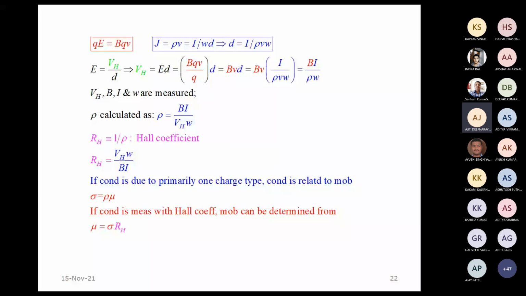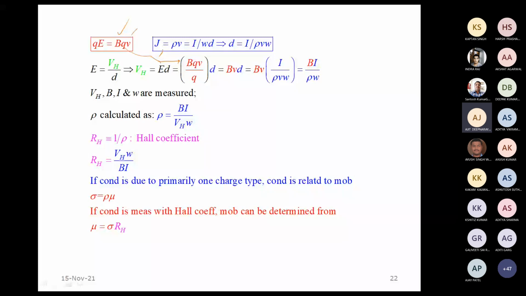The electric force and the magnetic force in the equilibrium case are equal, and from this we can write this relation, that E is equal to vB.